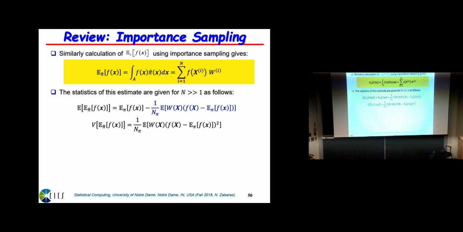All the expectations here, the way I wrote them, are with respect to the actual true distribution pi, and the variance is the standard variance that you get with Monte Carlo, and here again I have the capital W. So that's the new element here, that there is a little bit of bias in importance sampling.